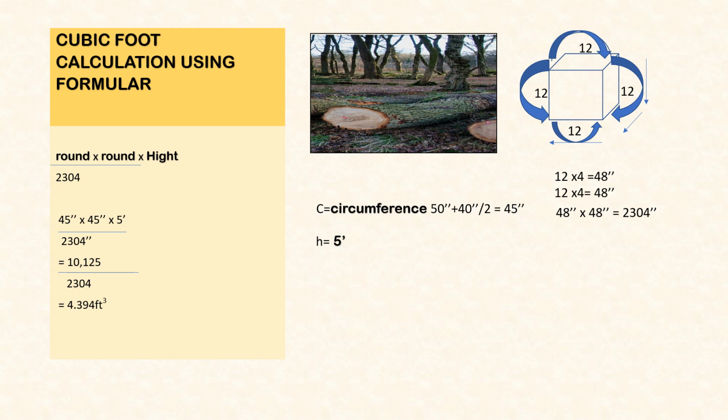So round into round, that is 45 into 45 into 5 feet, right? So the answer is 10,125 divided by 2,304. So you end up with the answer of 4.394 cubic foot.